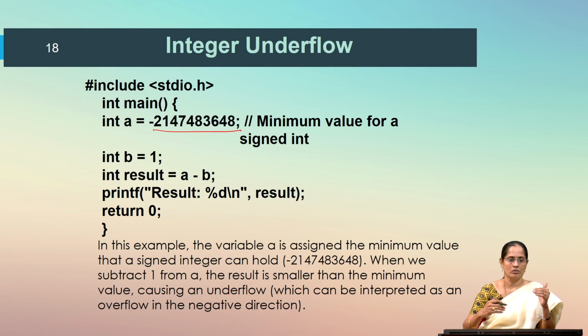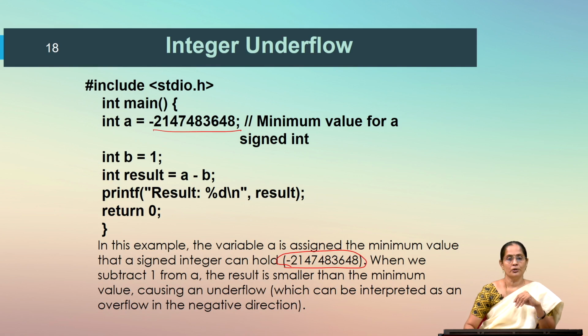This will go down, because this negative value is not applicable in the given range of int. So, this type of problem will result in integer underflow.